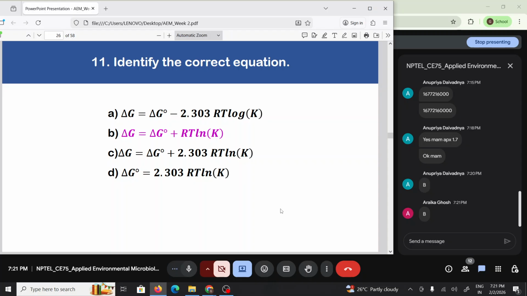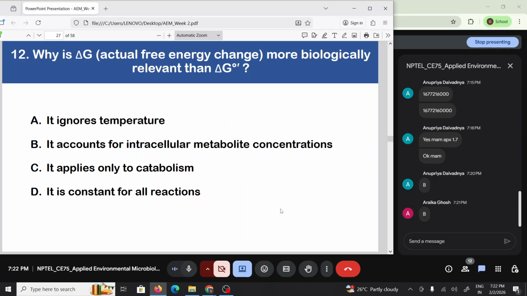The general equation about the Gibbs free energy change is that del G is equal to del G naught plus RT ln K. So here you might be confused with the last one also. The difference is that there is no minus sign here. So when you talk about del G being 0, then you get this, and you also don't have a logarithmic scale there. So if you have a confusion, then maybe I tried to explain that, but this is just a direct question about some equation.